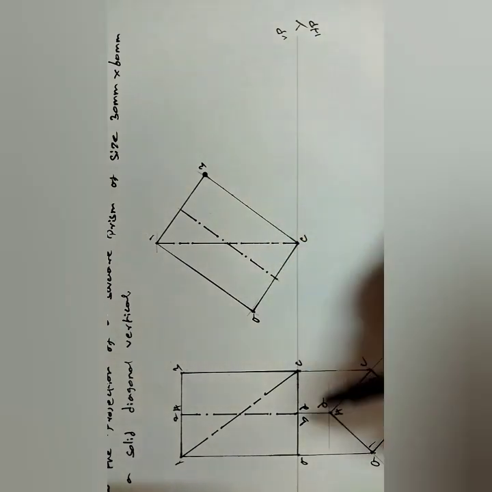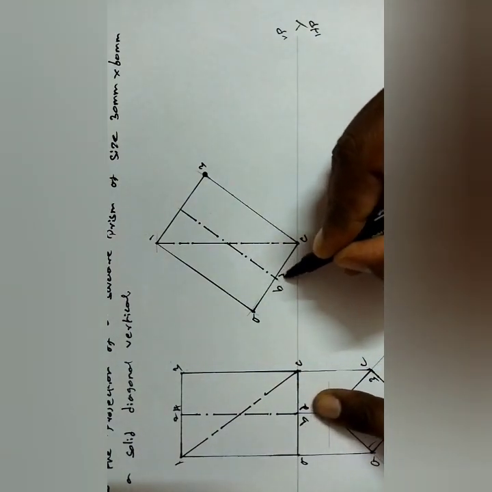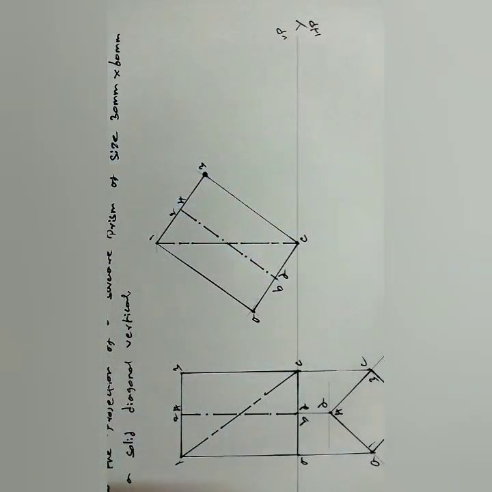The letters on this center line are B and D, and on the top 2 and 4. That is the third stage.